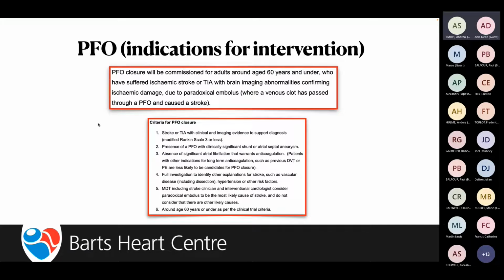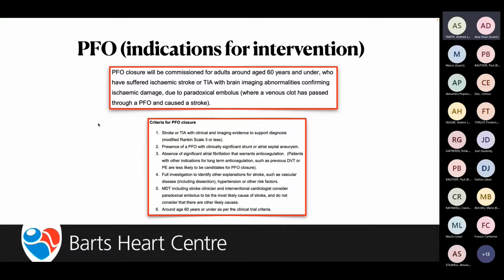PFO closure is commissioned for patients up to around the age of 60, because that was the age cutoff in most of the studies. You have to have suffered an ischemic stroke or TIA with positive brain imaging confirming ischemic damage, and the most likely cause has to be paradoxical embolism. How do you know if that's the most likely cause?